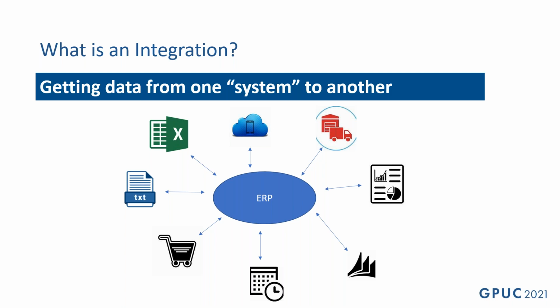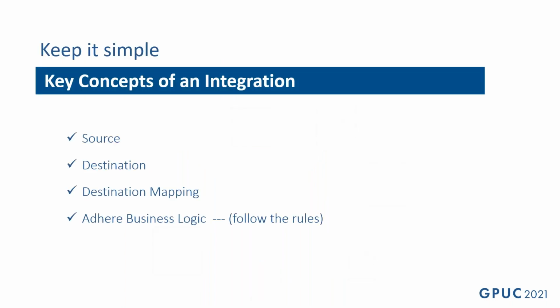All right, so that is a little bit about what an integration is. Now, talking a little more about the concepts of an integration. In either direction, we have a source, we have a destination, and we have to write a map. We're going to open up software and look at what we're talking about. Whenever we do an integration between systems, we have to follow the business logic, whatever that business logic happens to be.